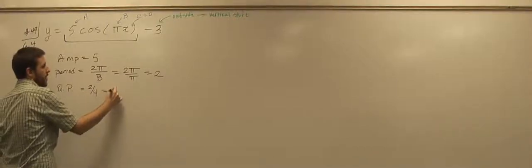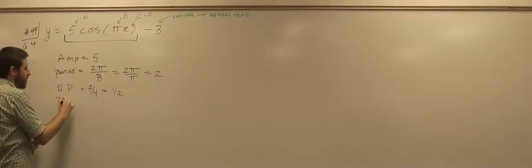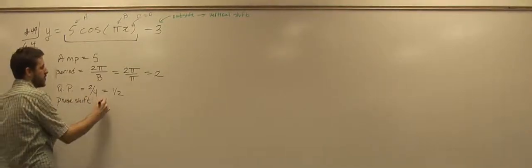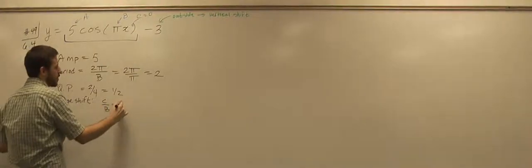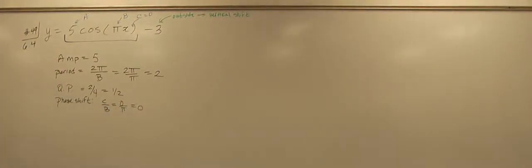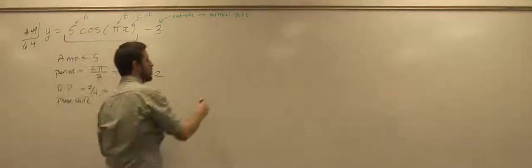So 2 over 4, 1/2 is my quarter period. And because C is 0, the phase shift is usually C over B, so it'll be 0 over pi, which is 0. So I would graph this function first and then move it down.